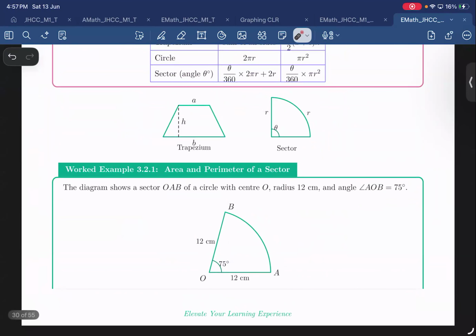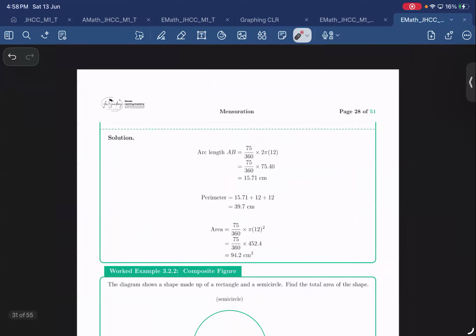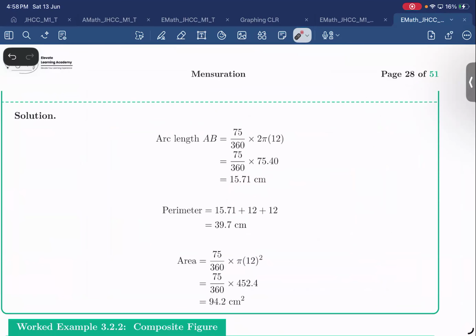So this is a sector here, the angle is 73.35 degrees, and the radius is 12. Then you can simply use the formula to calculate the area and perimeter. Area is theta over 360 degrees times pi r squared. Then perimeter: we calculate the arc length first.